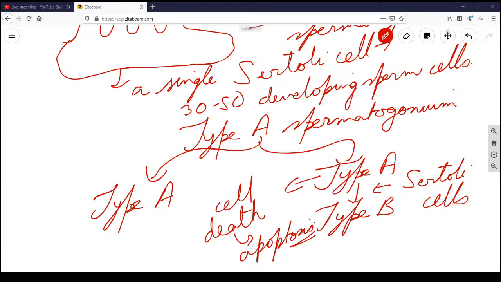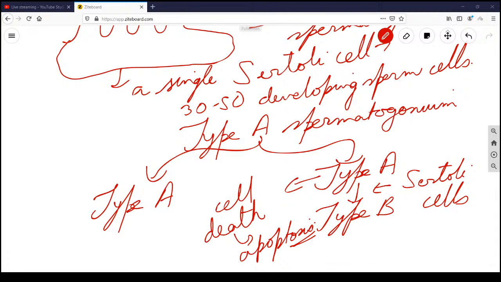The Sertoli cell microvilli processes are very tightly joined to form an immunological barrier known as the blood testis barrier between the forming sperm cells and the rest of the body, including the newly formed type B spermatogonia.